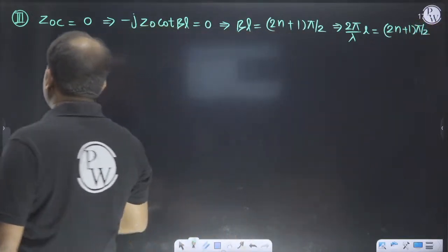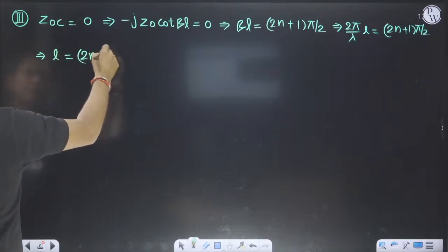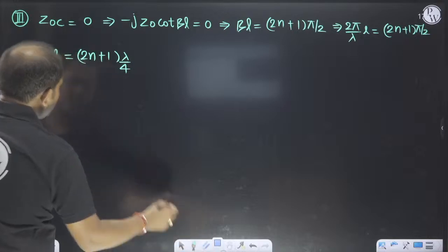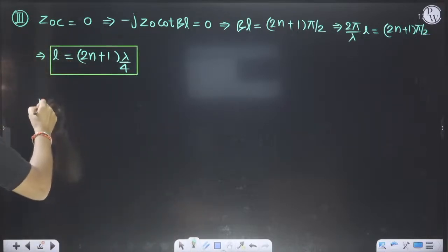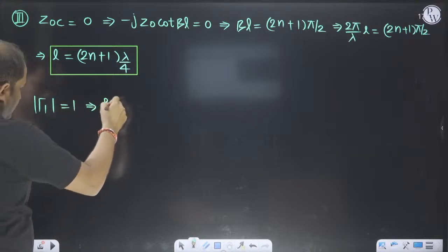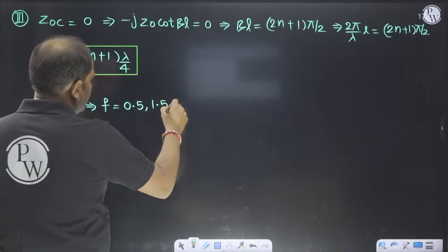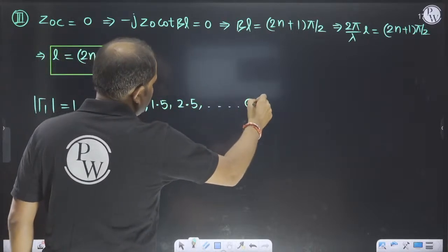So our length will be odd multiple of lambda by 4. And in this case, gamma 1 magnitude will be 1. That means frequency will be 0.5, 1.5, 2.5 and so on gigahertz.